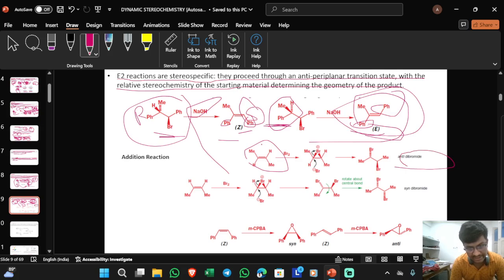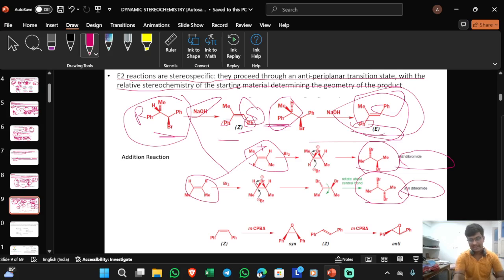These are trans and these are cis, and then the products are so different. Anti-dibromide and syn-dibromide, the same reaction, and to explain, anti and syn. Then why anti, why syn? These are E and Z.